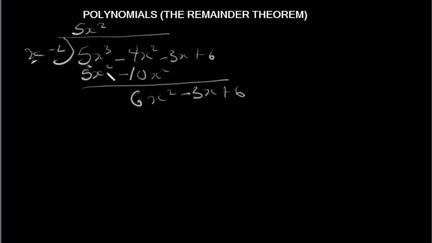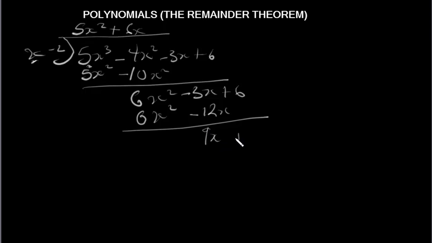I'll repeat the same process. This time around I have plus 6x. x times 6x will give me 6x squared, minus 2 times 6x will give me minus 12x. So this minus this is 0. This gives 9x plus 6. So it will be the same method.